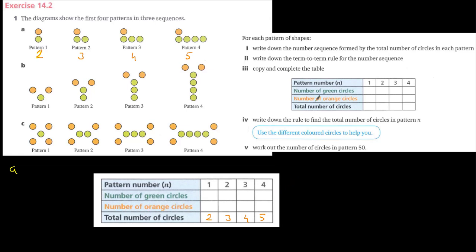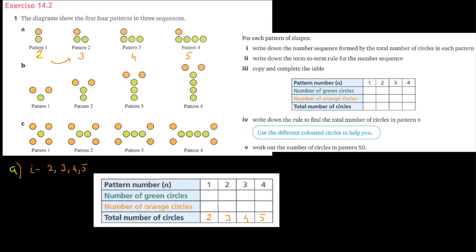Okay, with respect to that one, write the sequence formed by the total number of circles in each pattern. I have written here. Write down the term-to-term rule for each sequence. So this is the A, and I is 2, 3, 4, 5.